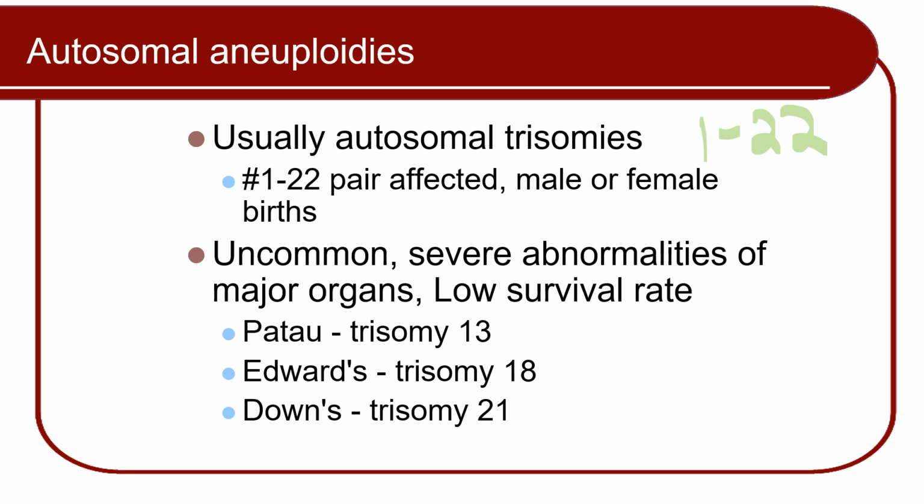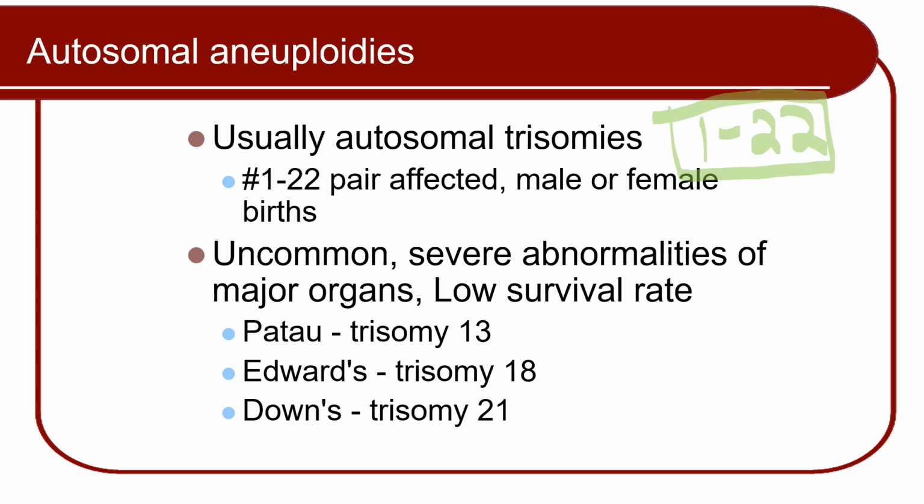So for the autosomes, which represent chromosomes 1 to 22, there are no known monosomies that might form during a fertilization. So a fetus that would be missing a chromosome does not survive. So they would result in miscarriages.